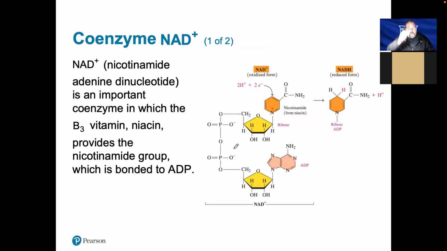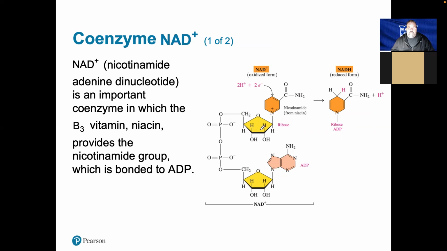So coenzyme NAD+. NAD+, nicotinamide adenine dinucleotide, is an important coenzyme in which the B3 vitamin niacin provides the nicotinamide group, which is bonded to ADP. So essentially, here's your ADP portion, okay?